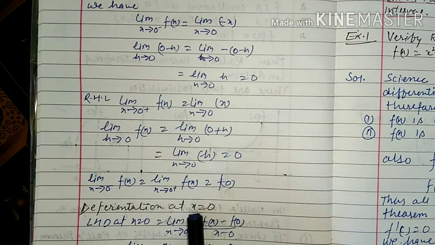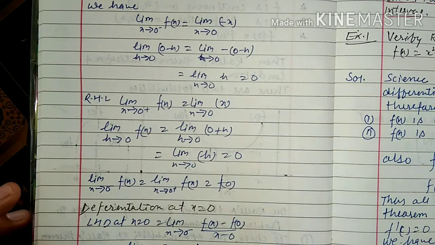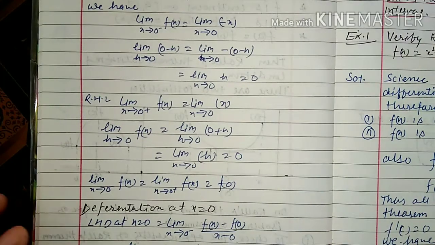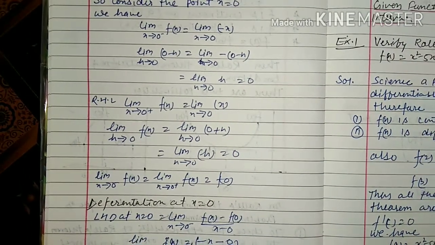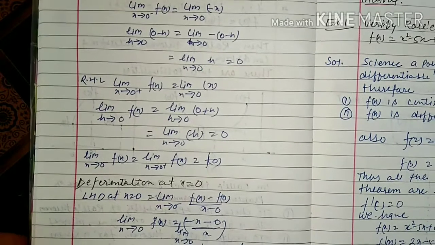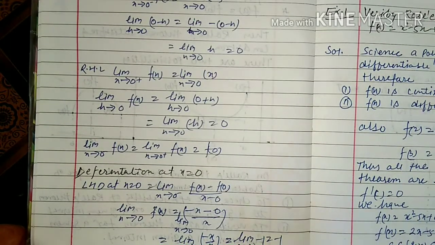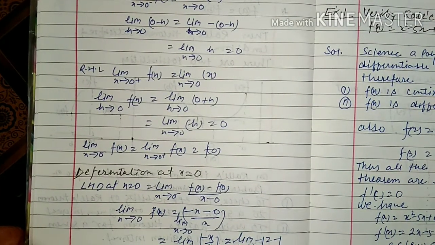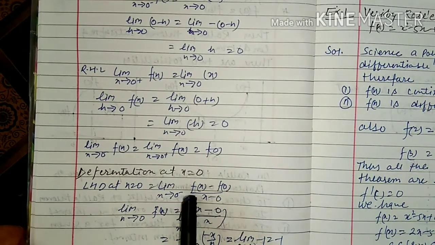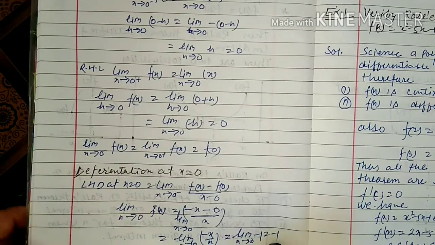Now we have to check the differentiability of the given function. Clear? So we have to find the left hand derivative and the right hand derivative. First of all we will find the left hand derivative. We get -1. Clear?